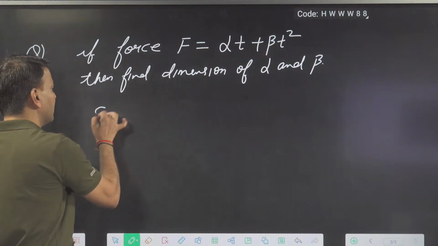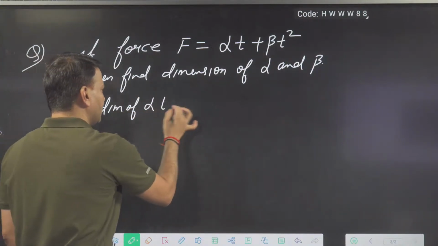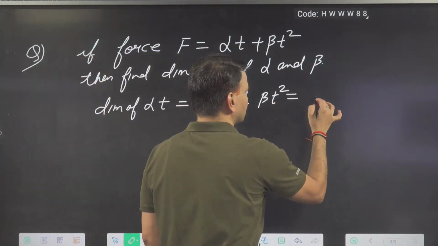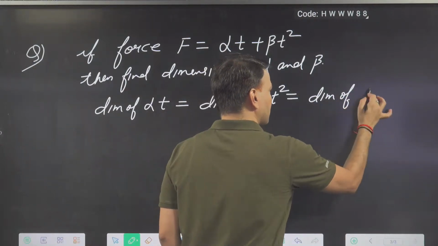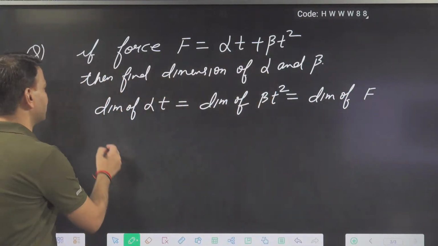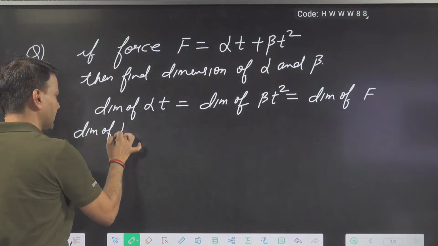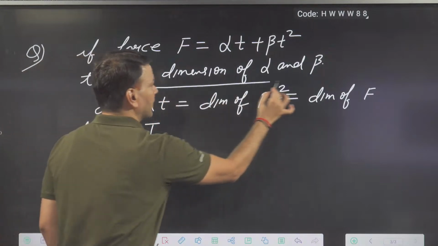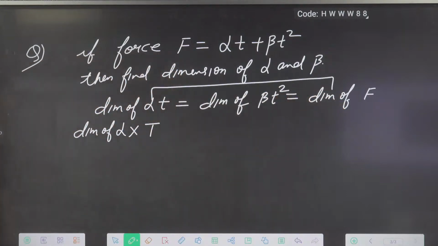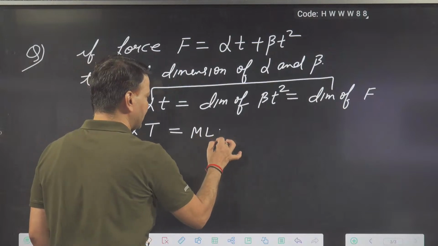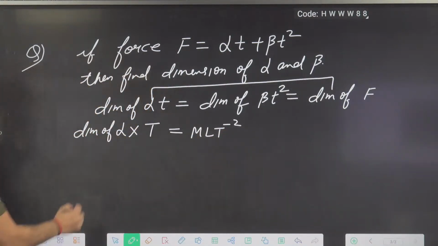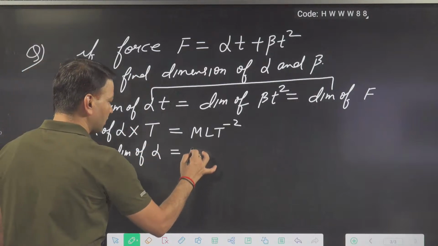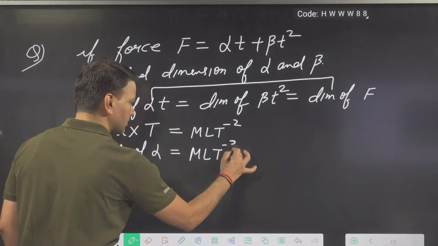It means dimension of alpha T is equal to dimension of beta T square is equal to dimension of F. Now dimension of alpha T means dimension of alpha into dimension of T, that is equal to dimension of F. F dimension is MLT minus 2. I will shift the T this side. So dimension of alpha is MLT minus 3.